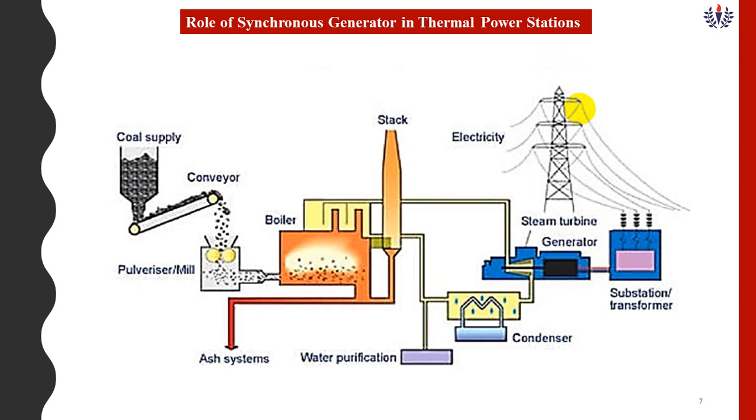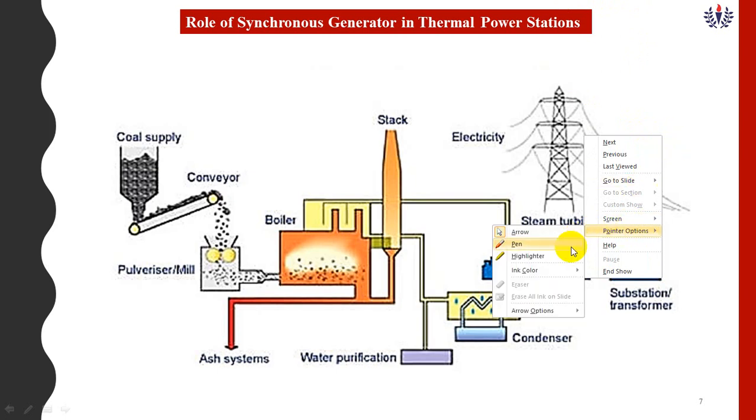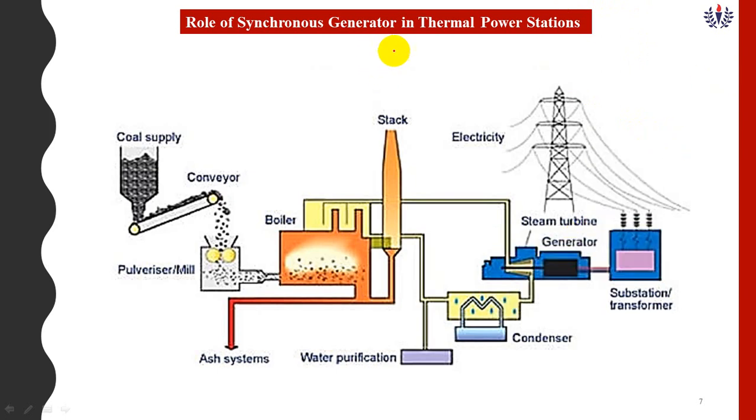In power stations the alternator is connected with the turbine. This is my alternator. The turbine is there, which has the blades. This is my turbine.